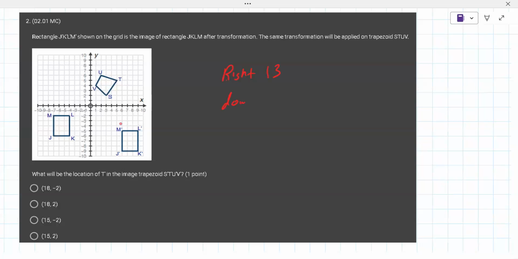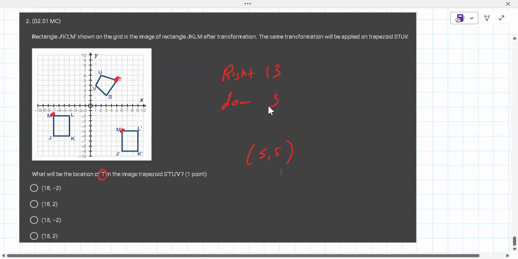And then how many down? So I'm going from that point to that point. 13, and then 3 down. Okay. Because we care about point P, you need to take that point P, which is 5, 5, and go right 13 and then down 3.